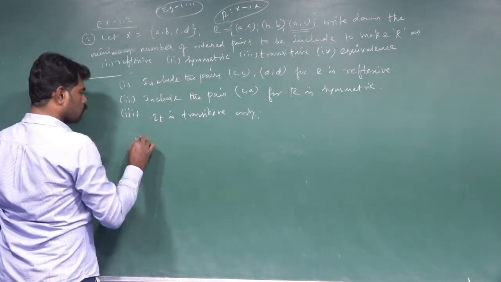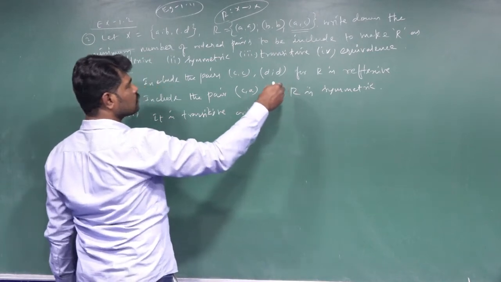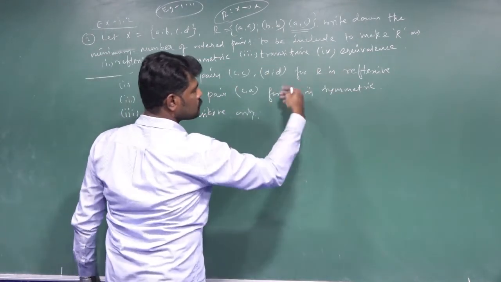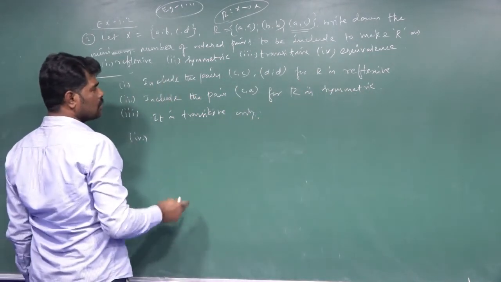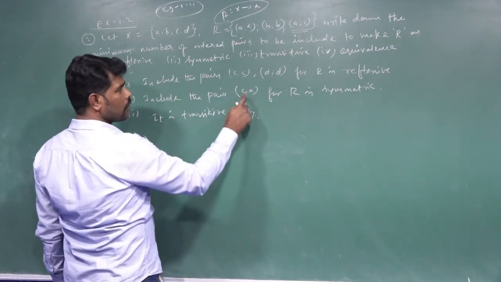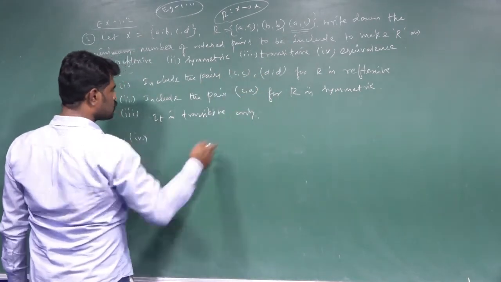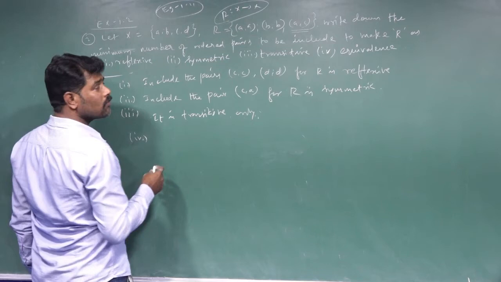Okay. Fourth one. For an equivalence relation we need the pairs missed for reflexive, symmetric and transitive, all of them. If you add these two pairs, then it will be reflexive, and if you add this pair, then it will be symmetric. So these three pairs we should add for the equivalence relation.